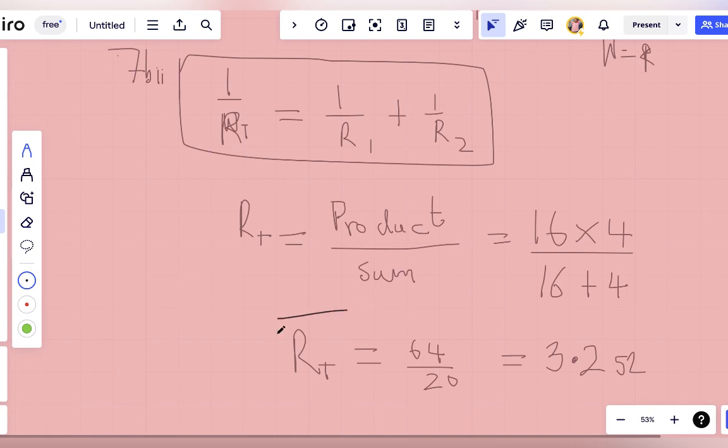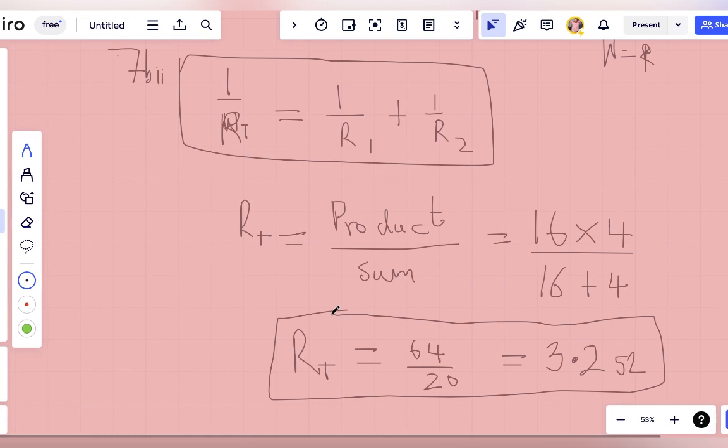When they are connected in parallel, if I want more current, it's better to connect my resistances in parallel. If I want more current to flow in the circuit, because resistances oppose the flow of current. Why connect in parallel if you want more current?